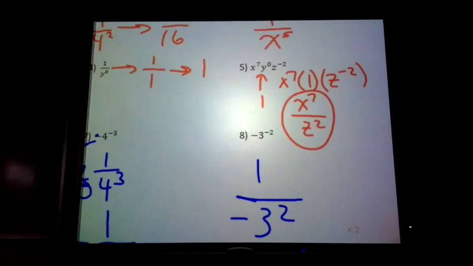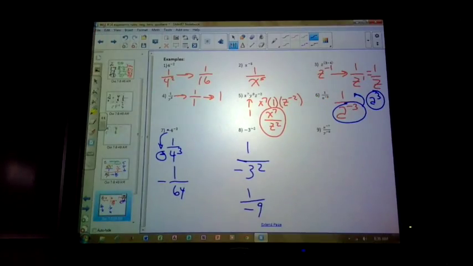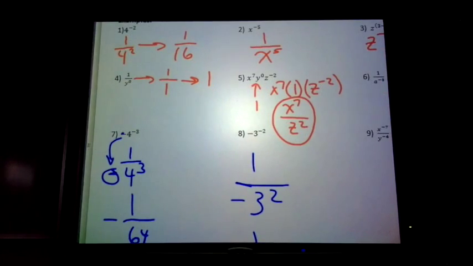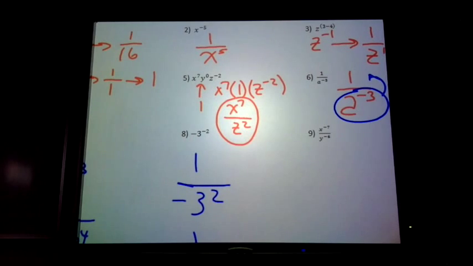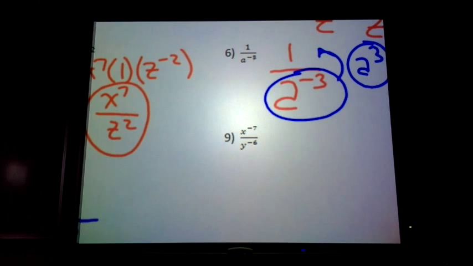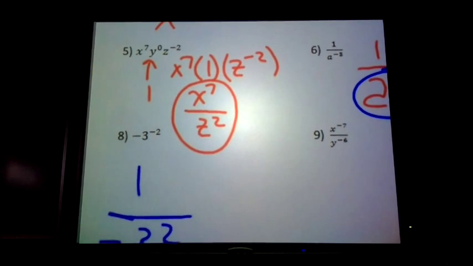Let's see if we can get number 9 up there. Okay, x to the negative 7, y to the negative 6. Reese, how'd you get that again? It was like 2 divided by negative 2 divided by negative 3.